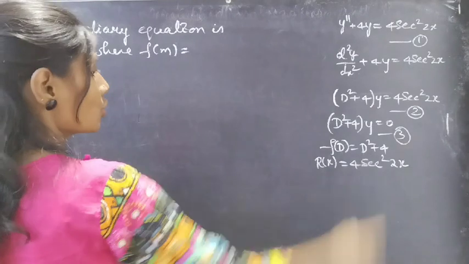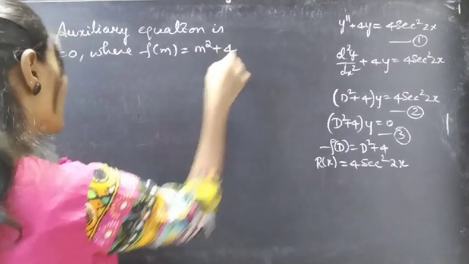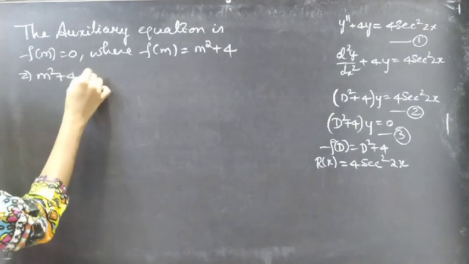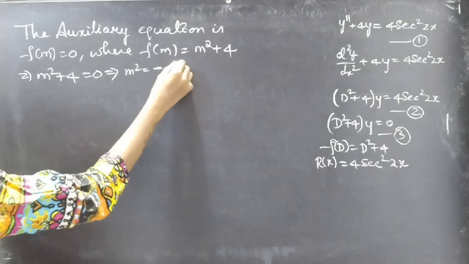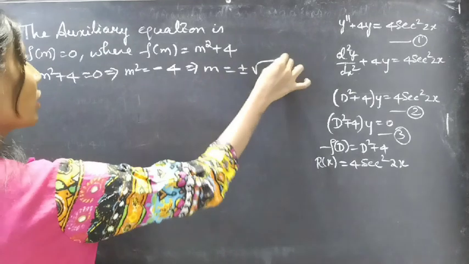Let's replace the differential operator by m so that we'll get f(m) = m² + 4, and the auxiliary equation becomes m² + 4 = 0. Now we need to find roots to this equation, so we'll take +4 to RHS, we'll get m² = -4. From this we'll get m = ±√(-4).